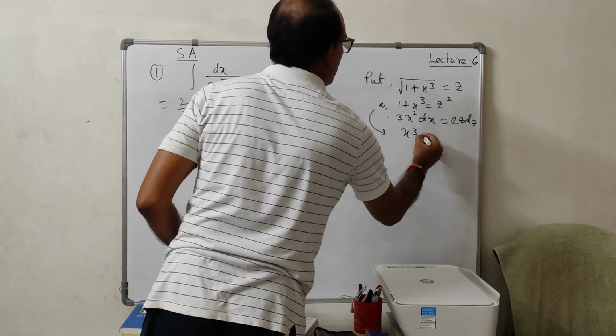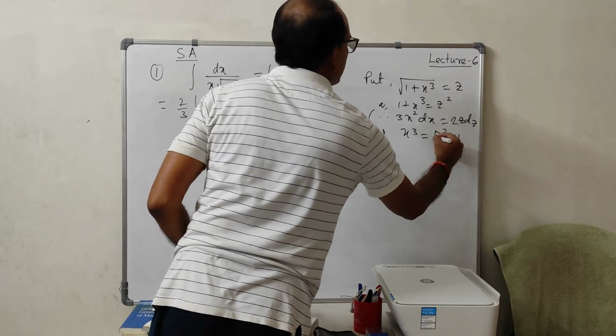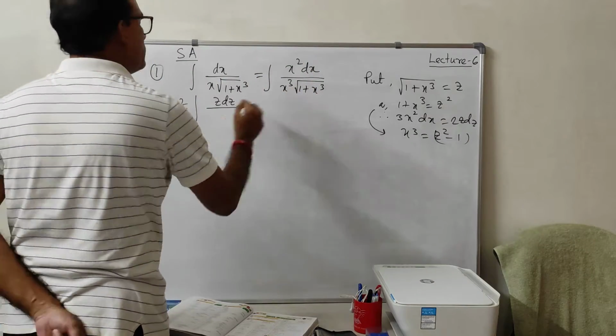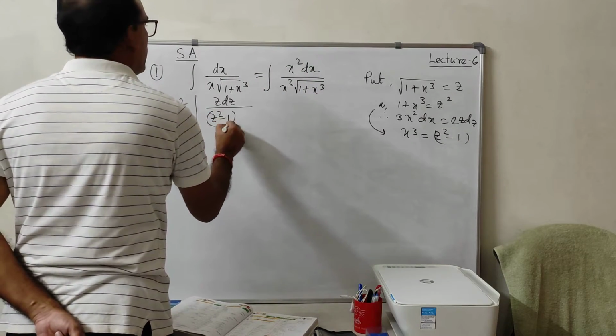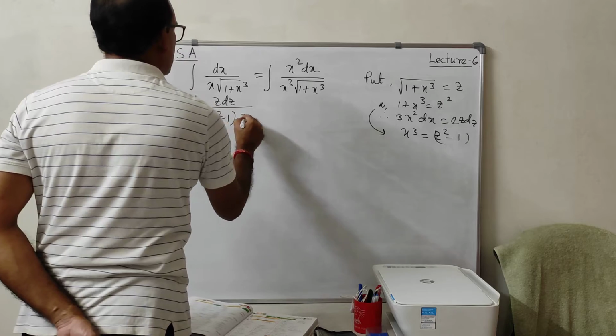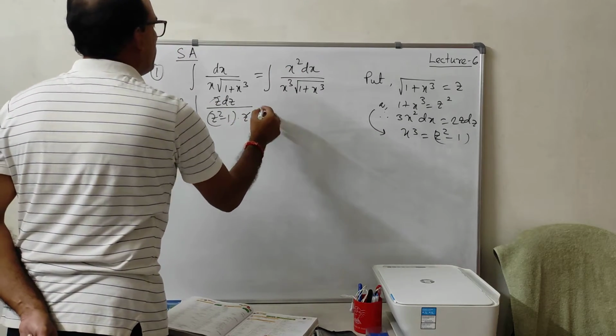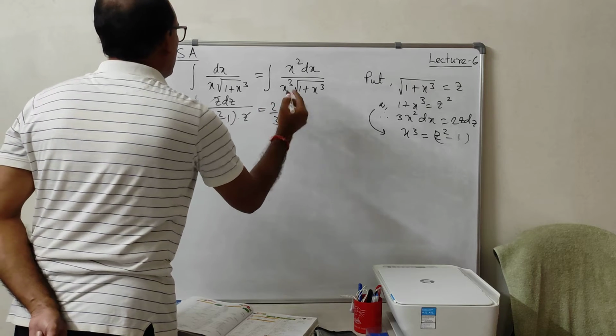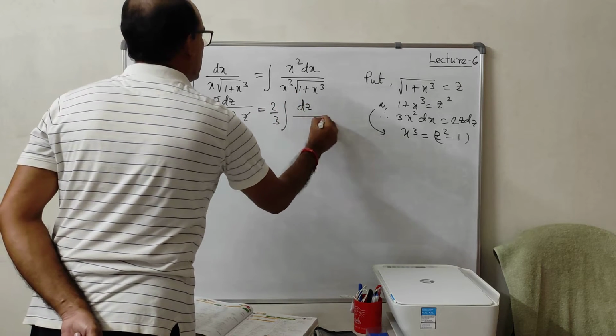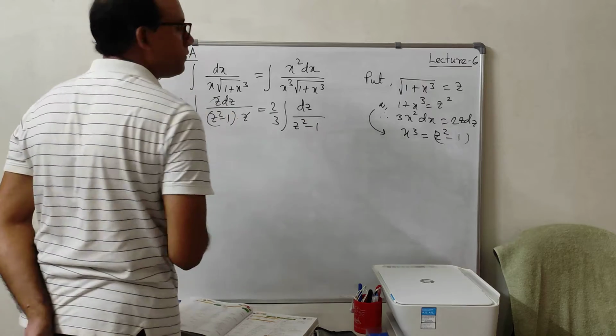What is x cube? Z square minus 1. So put x cube as z square minus 1, and root over of 1 plus x cube is z. So this z will cancel out, giving 2 by 3 integration dz by z square minus 1.